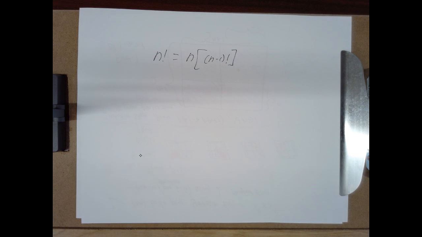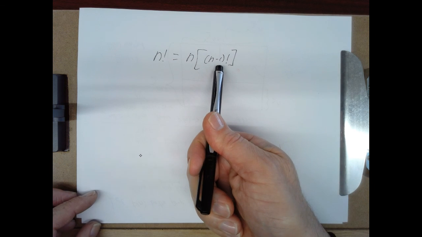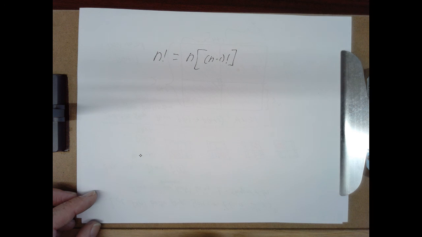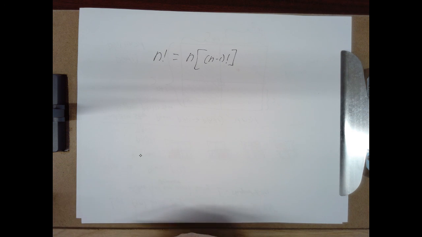Well, if someone wants you to compute 10 factorial, if you know someone who can tell you what 9 factorial is, you can just multiply that by 10. And you're done. Well, how do you find 9 factorial? I don't know, but if I can find 8 factorial, I'll multiply that answer by 9, and I'll be done. So let's look at some code.